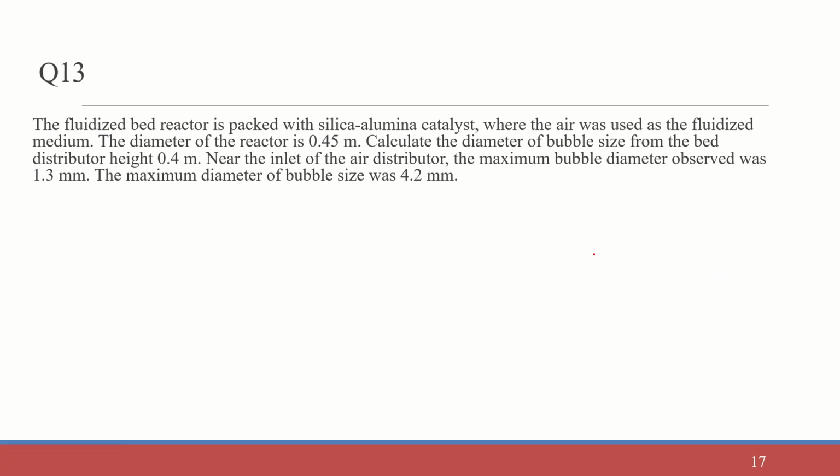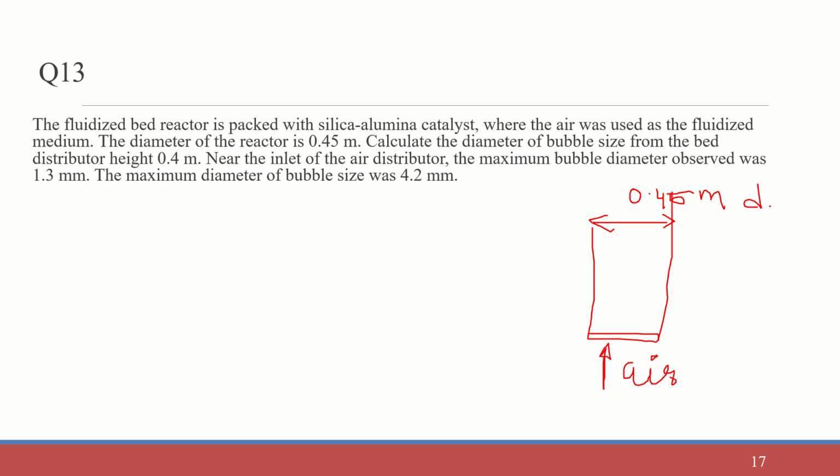So what is asked? We have a fluidized bed, and consider this is the gas distributor. Here we are passing air inside the fluidized bed, and the diameter of the reactor, that is the diameter of the fluidized bed, is 0.45 meter.